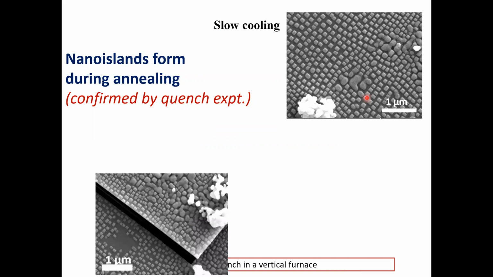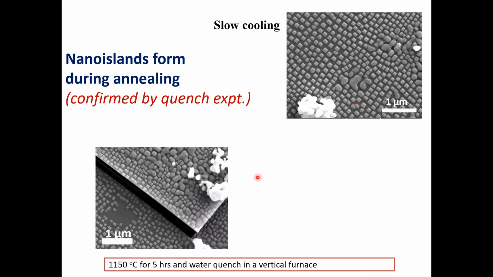Then we did an experiment where we put the powder source material on top of the substrate, hung it on platinum wire, and annealed it in a vertical furnace. After annealing, we cut the platinum wire and open a door at the bottom of the furnace, and the sample quickly drops into a bucket of water to do water quenching.